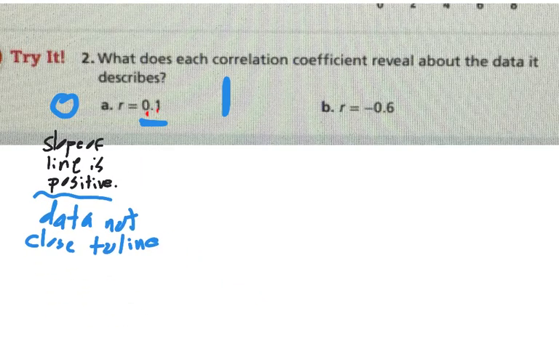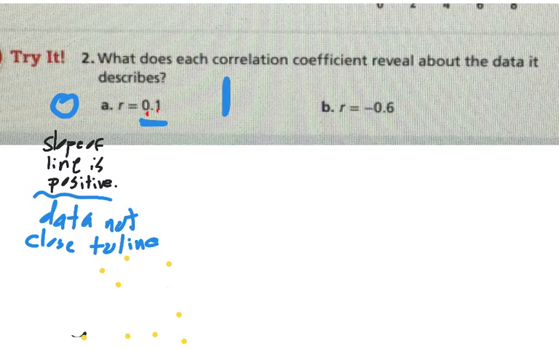So what we can imagine this looks like, if I have, here's the line of best fit that they gave me. The data is just going to be all over the place. If I took that line away, I really don't even know if that data would even be close to that line. Right? That's what I expect the data to look like, something like that. Because that number is closer to 0 than it is 1.